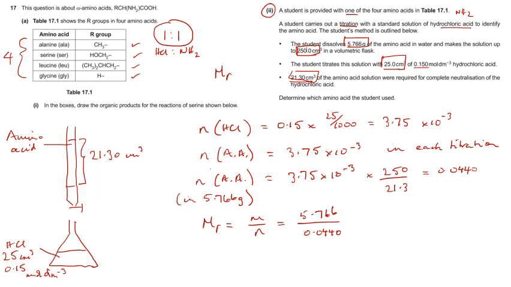So that leads to an MR of 131 grams per mole. And then you just check that versus the MR of those amino acids, and you'd find out that the amino acid concerned is leucine.